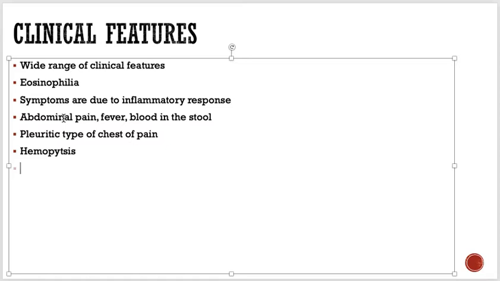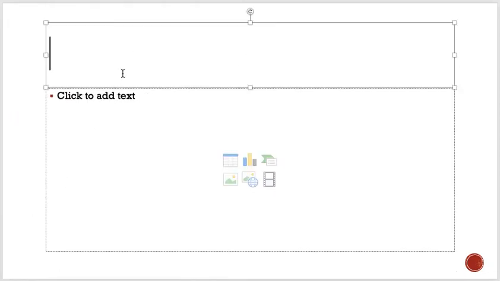And of course, how we diagnose these patients is simply by examining the stool or by examining the sputum. Okay, so in the diagnosis, these things will go side by side just to make you understand this in a better way, right?